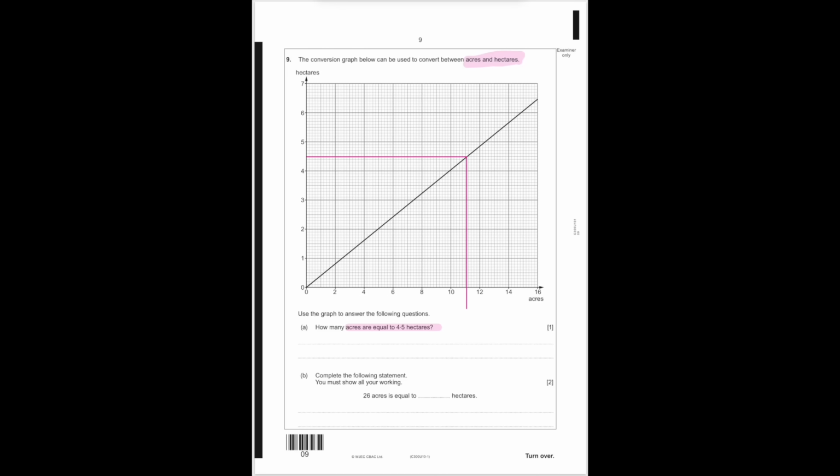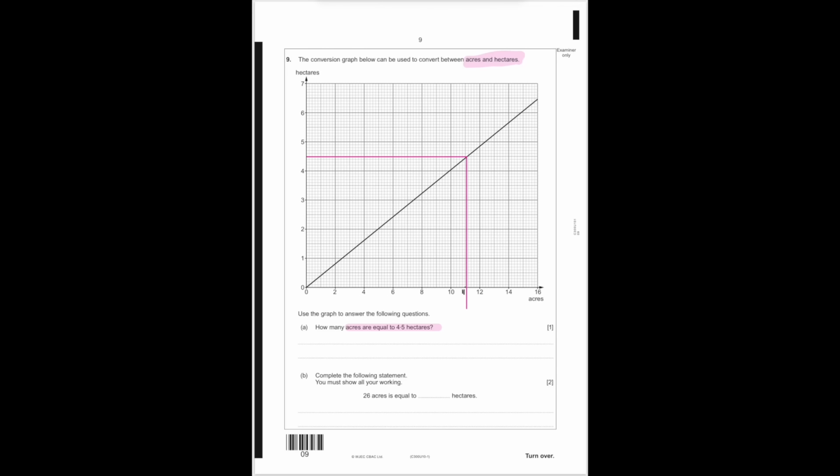So from 10 to 12, okay, there's 10 little squares, but 10 to 12 is 2, all right? So halfway between them would be 11, which would be at this point here. So that would be 11. We're slightly over 11, okay? So you'd be okay saying anywhere between 11 and 11.2 acres, all right?